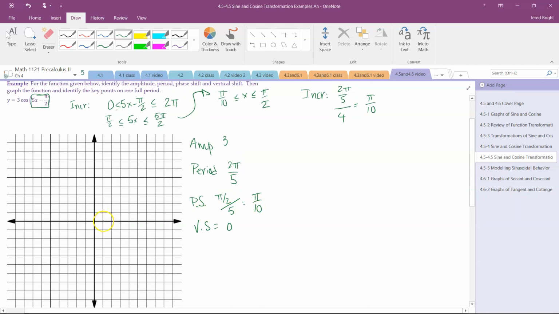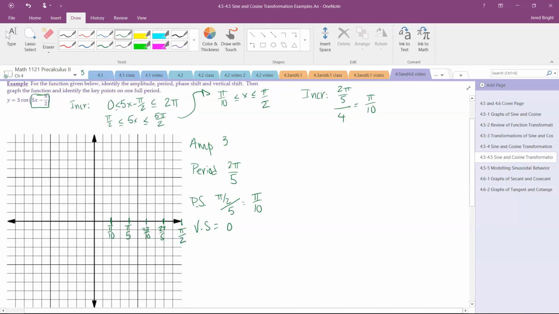So let's call this first one pi over 10. This next one would be 2 pi over 10 or pi over 5. And then 3 pi over 10 and 4 pi over 10, which is the same as 2 pi over 5. And then the last one would be right here at 5 pi over 10 or pi over 2.